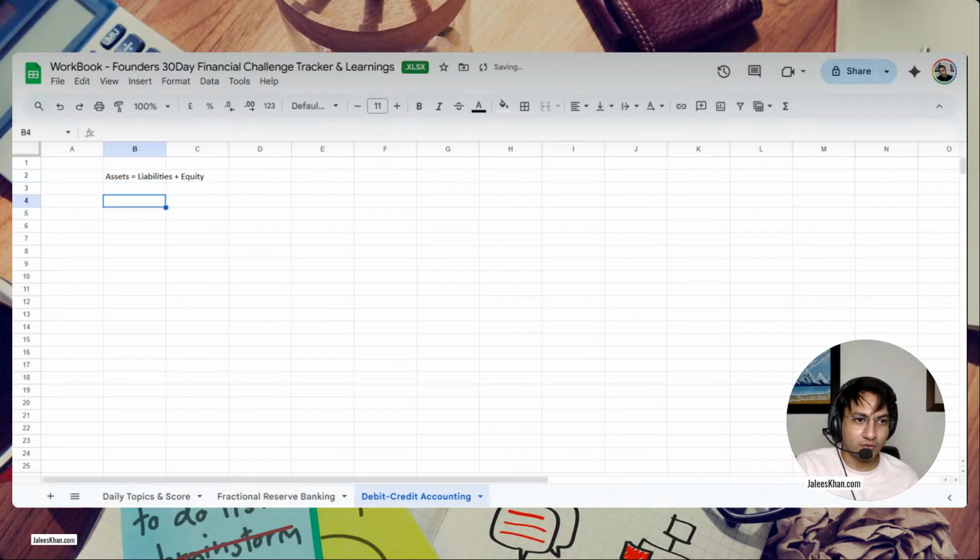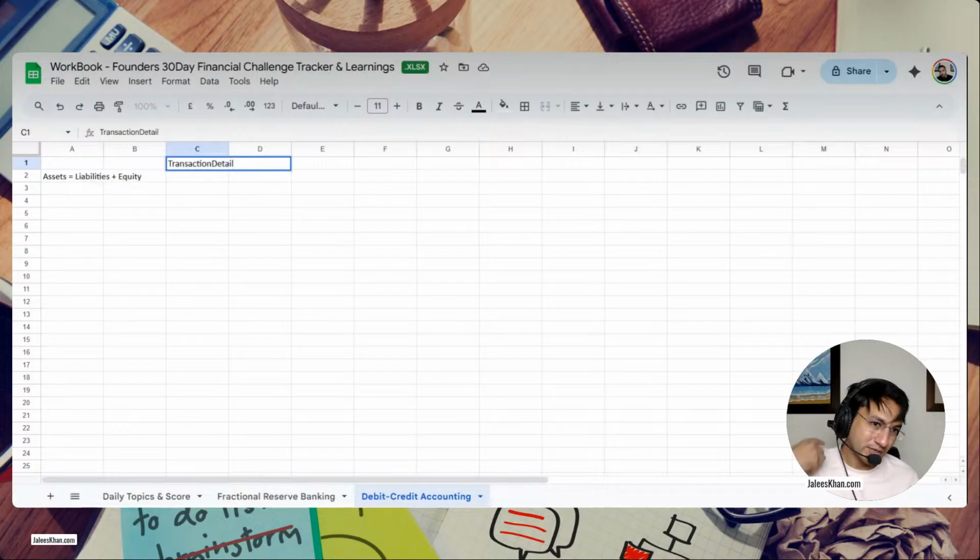So we have to record the transaction. We can put the equation here. Now I have to record the transaction, like what happened. This is the transaction detail.